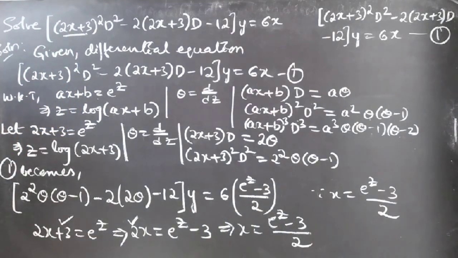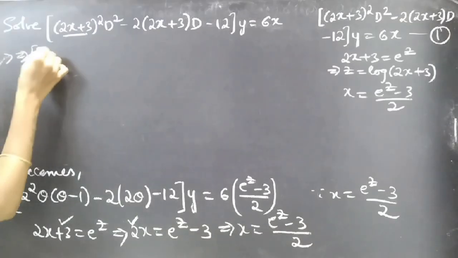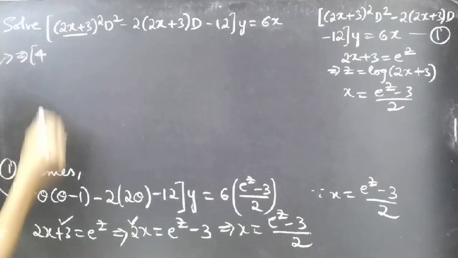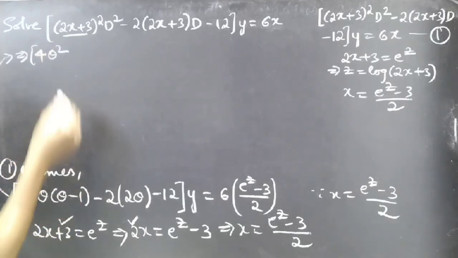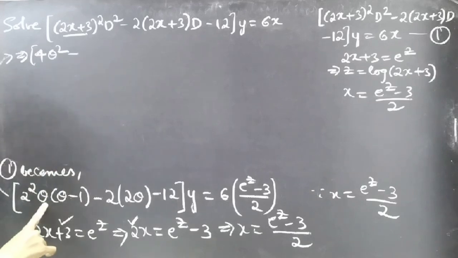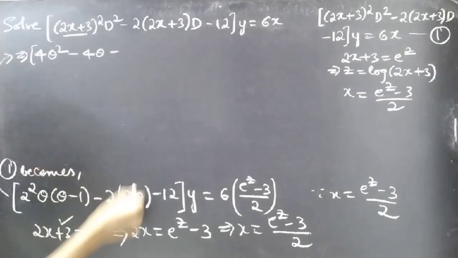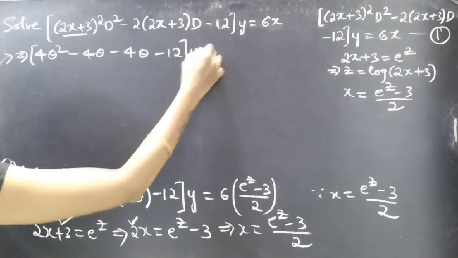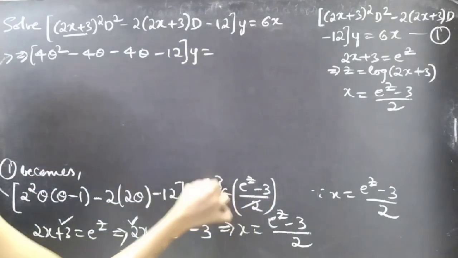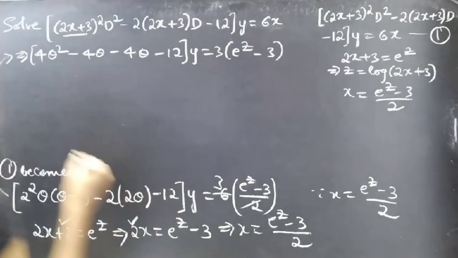Now let's simplify this. This becomes 2² is 4, theta into theta is theta², minus 4 theta into 1 is 4 theta, minus 2 into 2 theta is 4 theta, minus 12y equal to 3 times (e^z − 3).